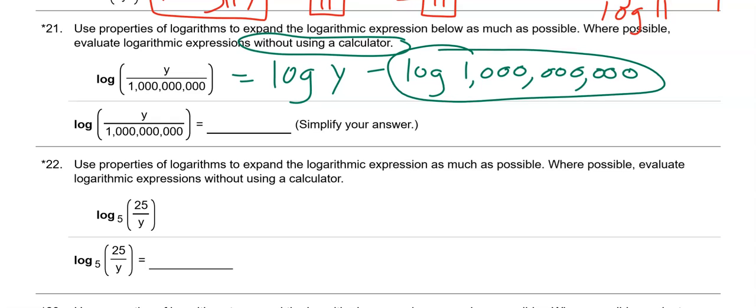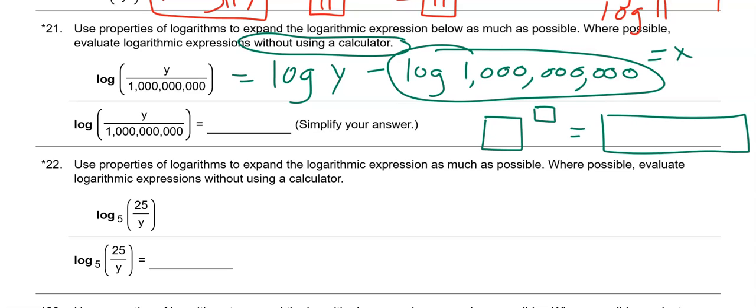Is this something we can simplify? Remember how I said set it equal to x and change it? Something to the something power equals something, in this case a lot of somethings. So what's the base? Right here it is. It is a 10, right? When it's not there, we know it's a 10. The exponent is on the other side, because a single word synonym for logarithm is exponent.